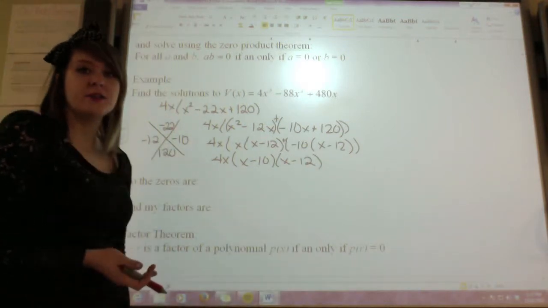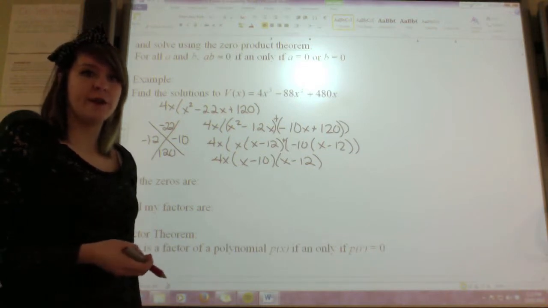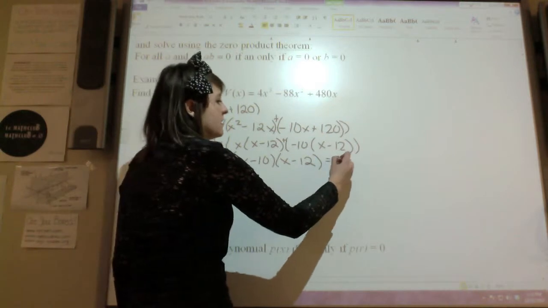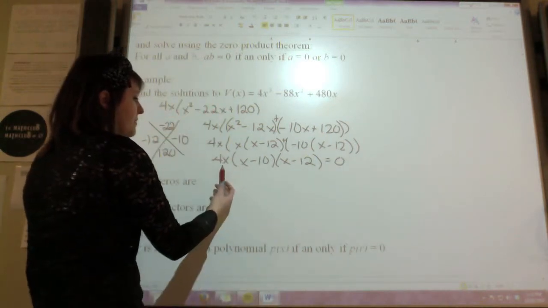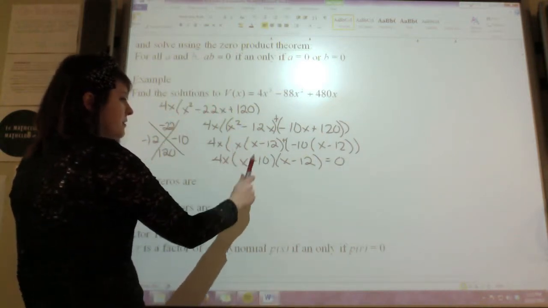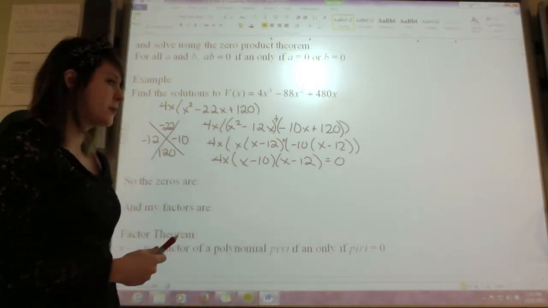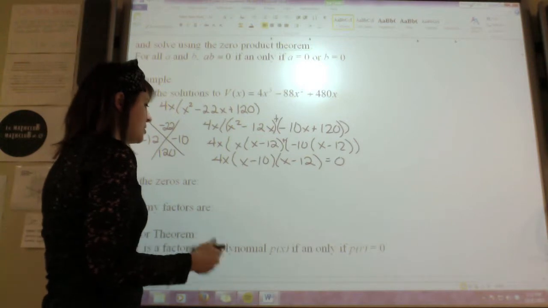Now I can use my zero product property to figure out what the actual solutions to this equation are. If this equals 0, then either 4x needs to equal 0, x minus 10 needs to equal 0, or x minus 12 needs to equal 0, because they're all being multiplied by each other. So I can just solve each part.